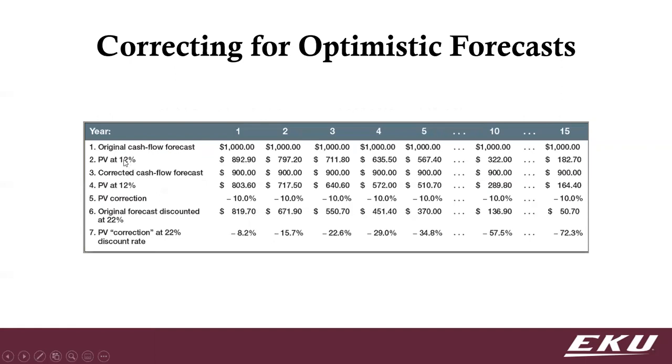Okay. So I was going to discount at 12%. I know I'm going to be 10% off, right? If I discounted that at 22% instead, then I end up getting 819 here, which is higher, right? But because I'm discounting at a higher rate, if you look further back, it gets to be significantly different, right?